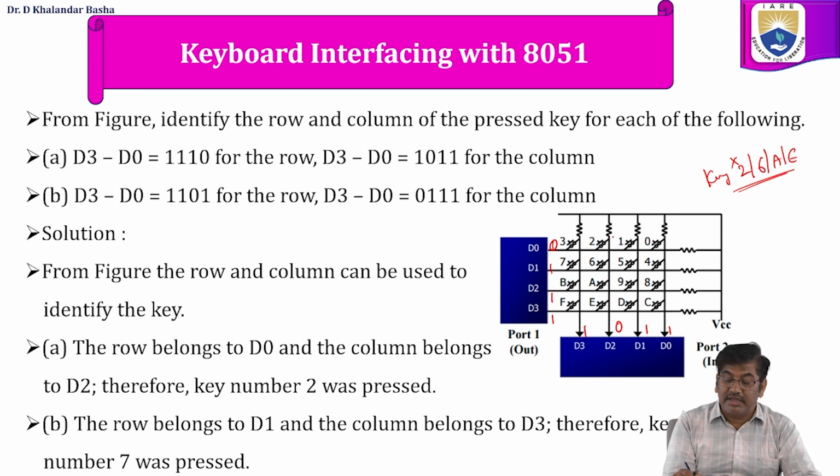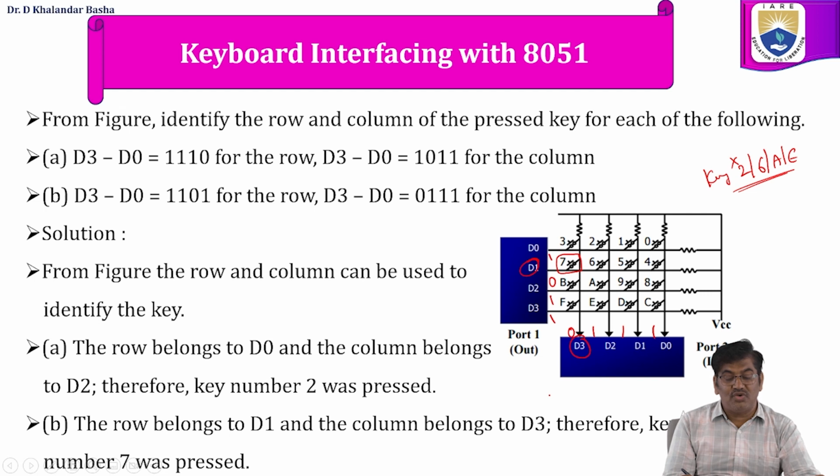So here key 1 is pressed for the first case. Whereas for the second case, the values for D3 to D0 are 1, 1, 0, 1, and the columns are read as 0, 1, 1, 1, which indicates the D1 row and D3 column, that is, key 7 is pressed.